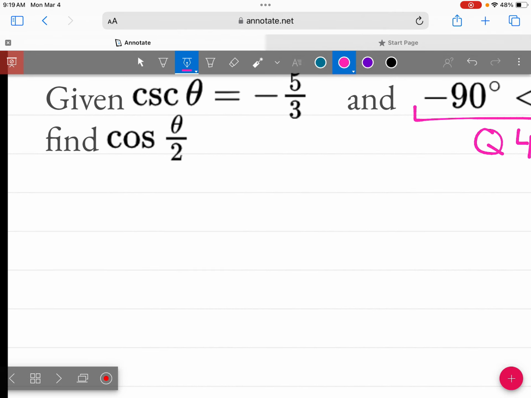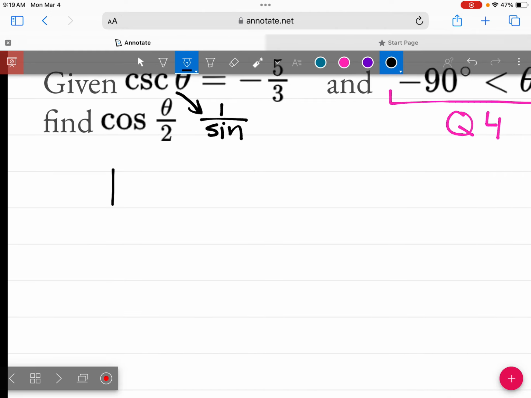So I'm going to give us our little sketch because what we have is cosecant. Cosecant also is known as our inverse of sine. So we know we have our angle somewhere over here in quadrant 4. That's a trash line. I'm going to do that again. There we go. So this is our theta.